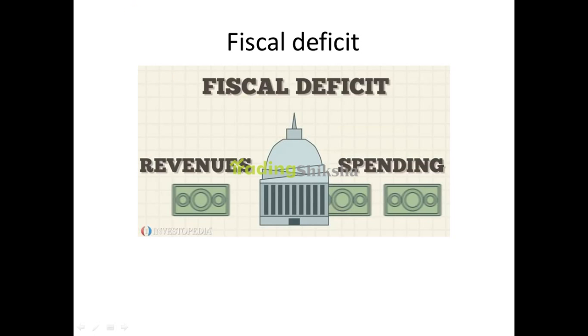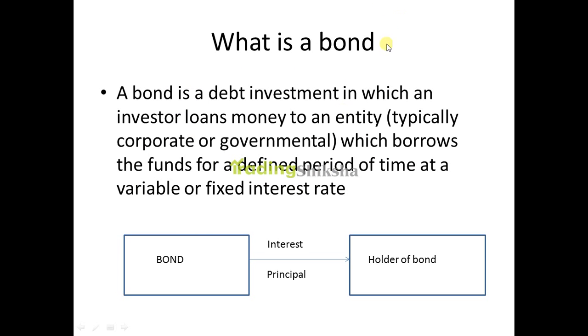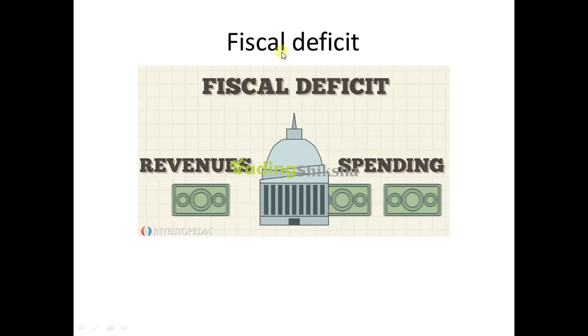So we understand another point, which is why any country has to issue bonds. Generally, countries incur a fiscal deficit. So what is a fiscal deficit? A fiscal deficit is basically the government spending more than it is earning.